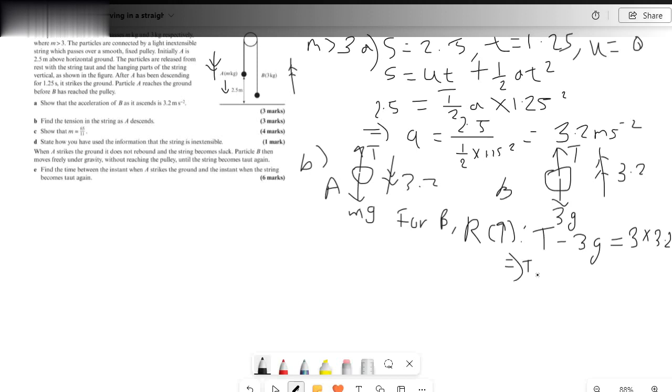So tension, rearranging, becomes 3g plus 3 multiplied with 3.2, and this should be 39 newtons.